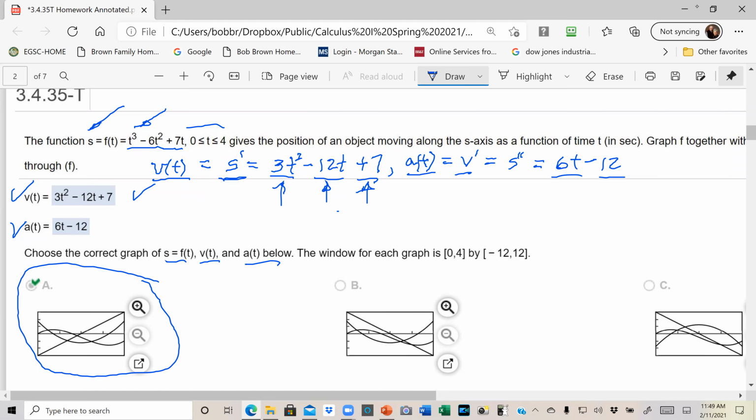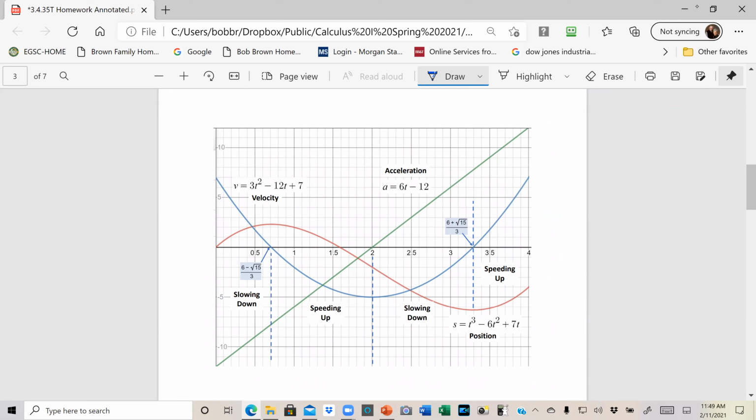So here is, first of all, the position, given right here in sort of a tan color. The velocity is in blue, and the acceleration is in green. It's a straight line. Now, you remember we said the object is stationary or not moving when the velocity is zero.